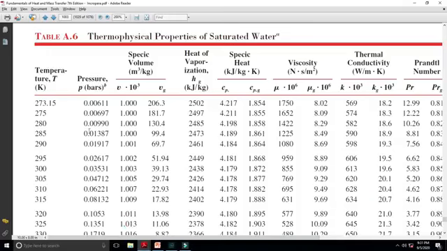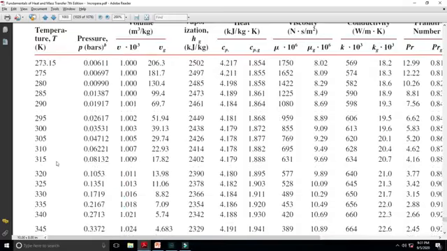So at 328 Kelvin, we are given properties at 325 and 330. At 325, Cp is 4.182 and at 330 it is 4.184. So it might be 4.183.